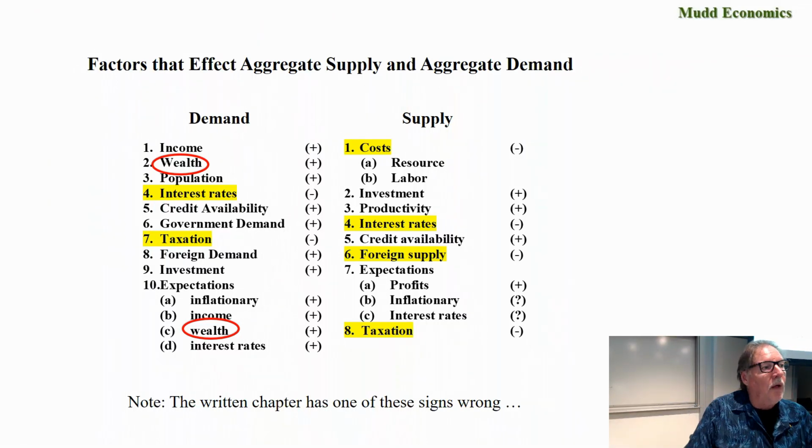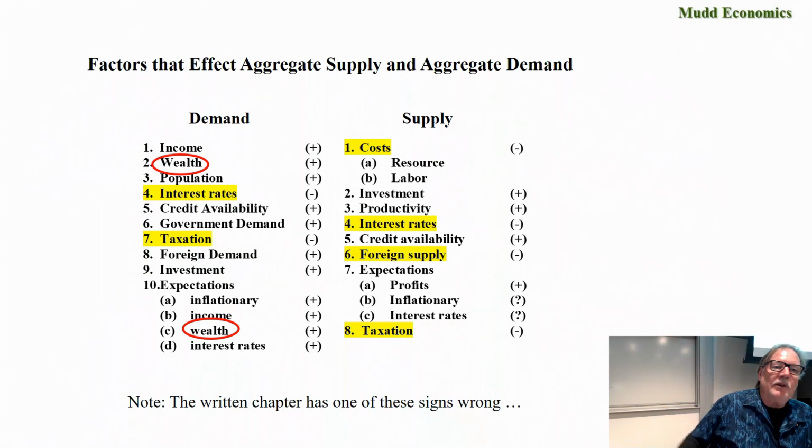And this is where wealth expectations matter a great deal. Remember, I've already said that when we have a surge in wealth expectations, consumer demand goes up. The population size matters at a national level. The level of interest rates matters, because we finance what we buy. And so when interest rates come down, demand will go up.